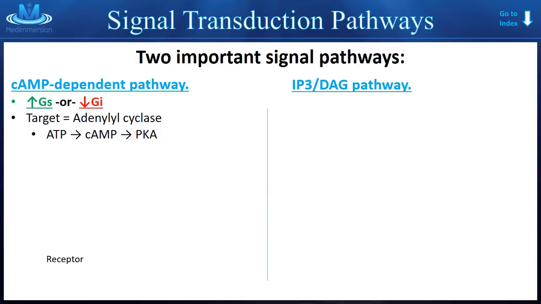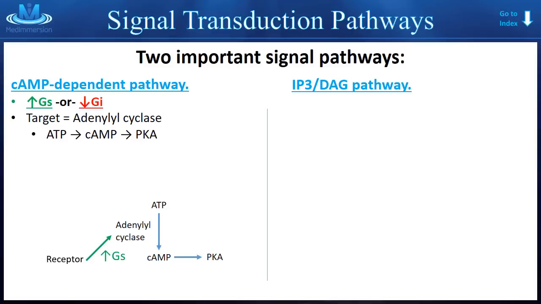So what target enzyme is that? Well, that's adenylyl cyclase. Does that make sense? What does that do? Well, this enzyme converts ATP into cyclic AMP. And then cyclic AMP goes on to activate protein kinase A, which is an important enzyme in several other metabolic pathways. And I'll show you a little bit more detail on protein kinase A in just one second.